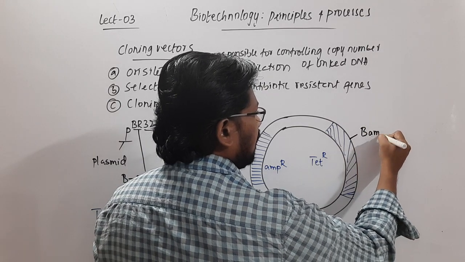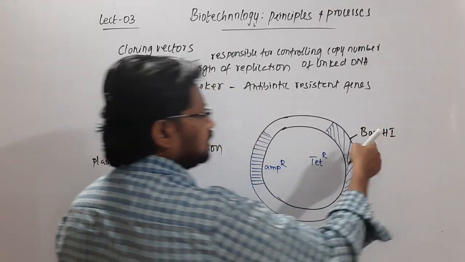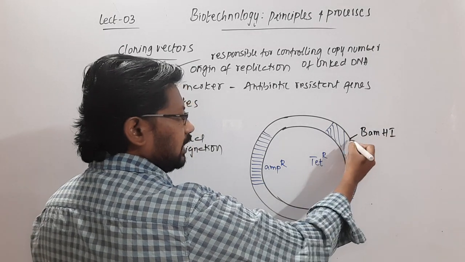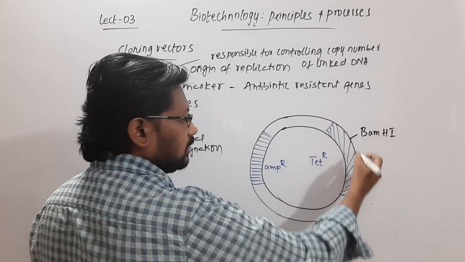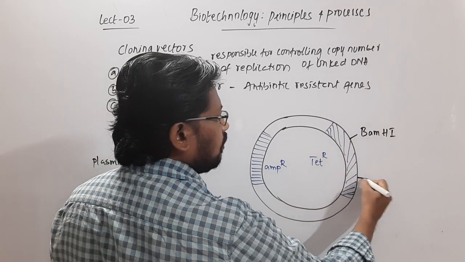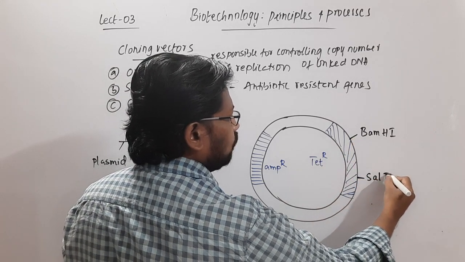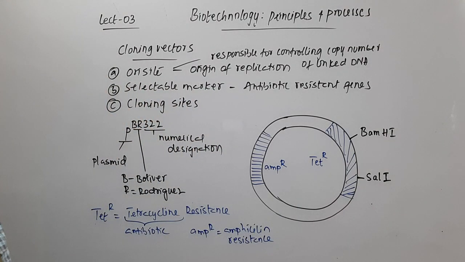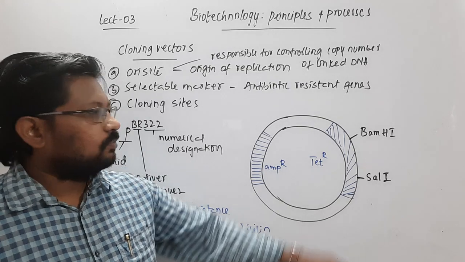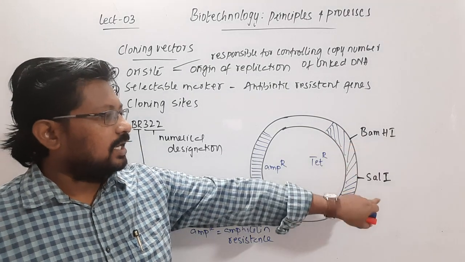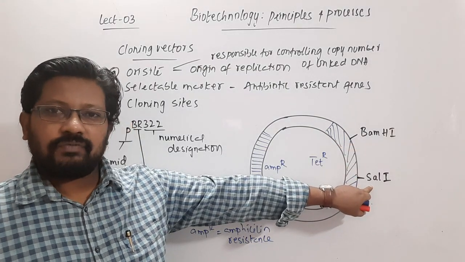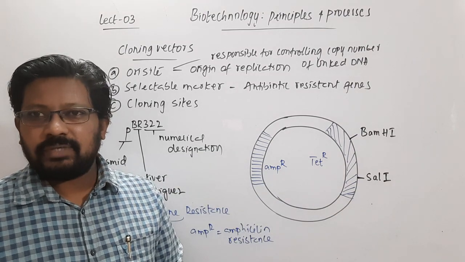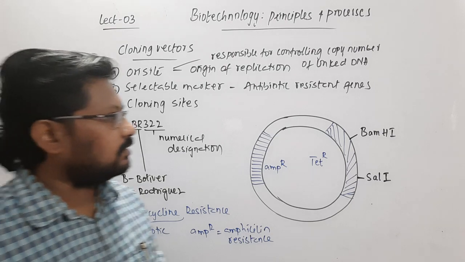One is BamHI, a restriction endonuclease. If I use this BamHI, it's going to cut at this point. And there is one more, called SalI, another restriction endonuclease.